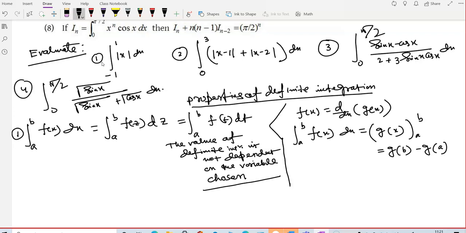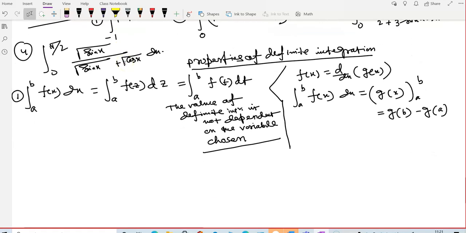Whatever variable you take, its value will remain the same. Okay. This is the first property.